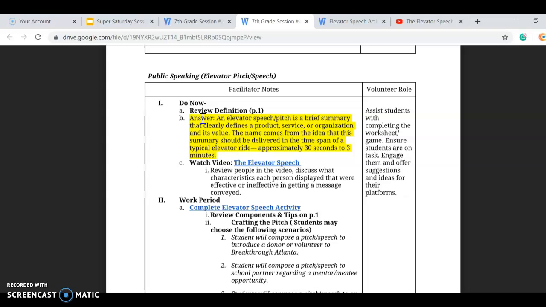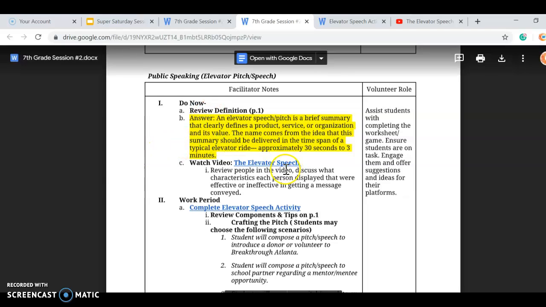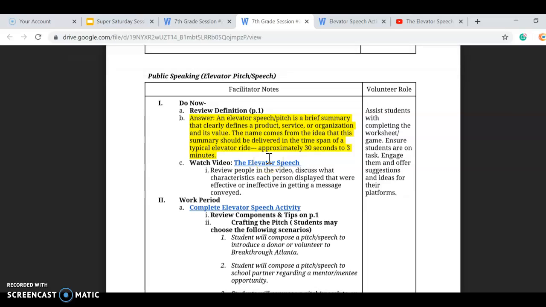So after they complete the definition, they're going to go into a quick video. And so it's called the elevator speech. And they're simply going to review people in the video and discuss what characteristics each person displayed that were effective or ineffective. They will see throughout the video that there are different attributes that some of the people displayed that were effective and some that were ineffective.